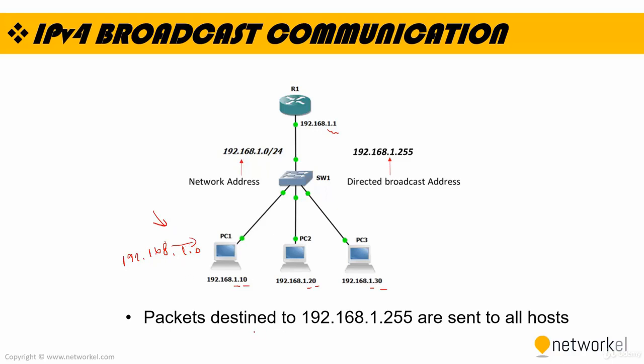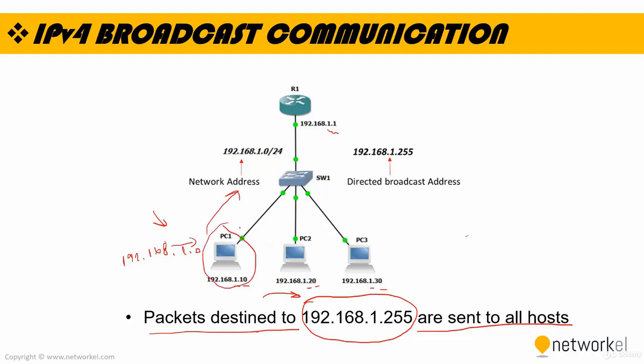And the broadcast address for this network is this one. I'm going to show you again how we calculate this on the board. Because of that, the packets destined to this IP address are sent to all hosts. For example, if PC1 needs to send a broadcast to my network, it uses the source IP as 1.10 and the destination as 1.25.